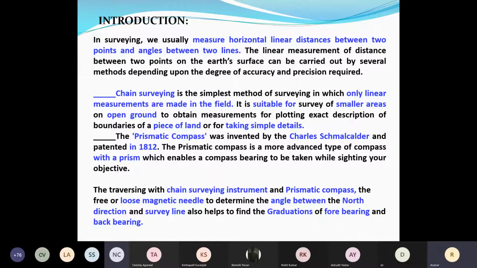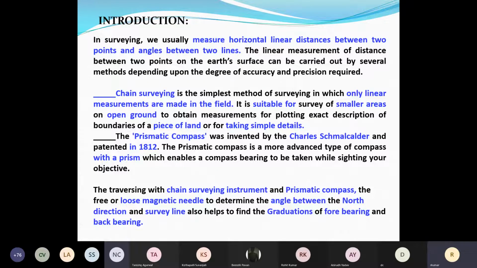First of all, chain surveying is the simplest method of surveying, in which only linear measurements are made in the field. Just keep in mind, we'll take only linear measurements. It's suitable for surveying smaller areas on open ground, to obtain measurements for plotting an exact description of the boundaries of a piece of land and for taking simple details.